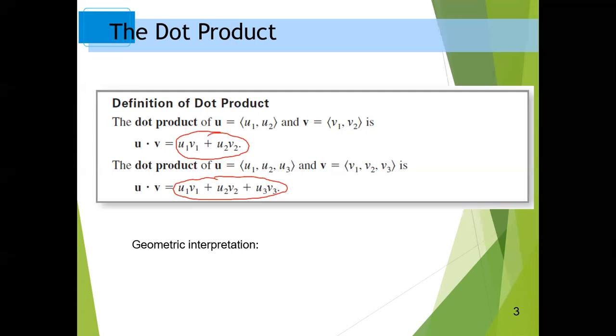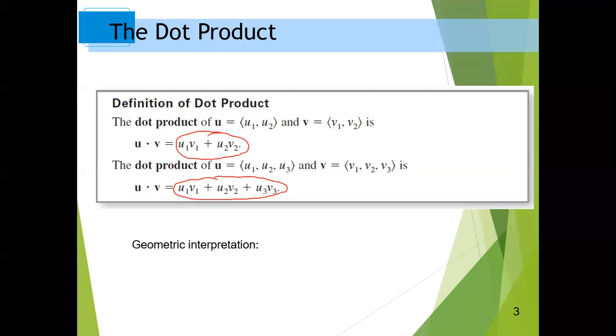Now, what if one of the x coordinates was positive and one was negative? Well, that means for one vector there's movement in the positive x direction, and for the other vector there's movement in the negative x direction. If I multiply those together, what kind of number am I going to get? Negative.